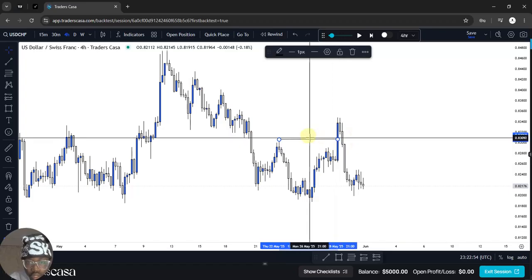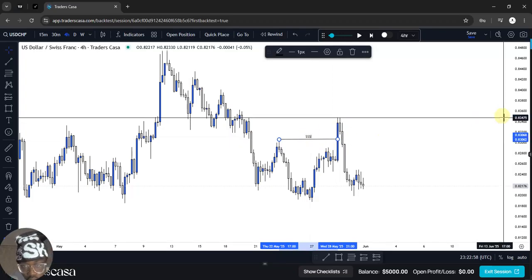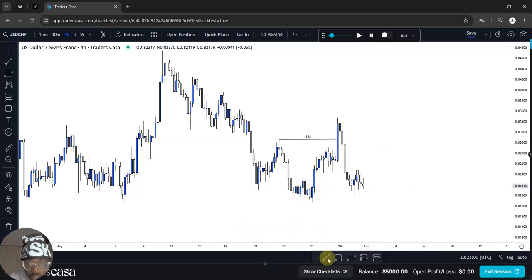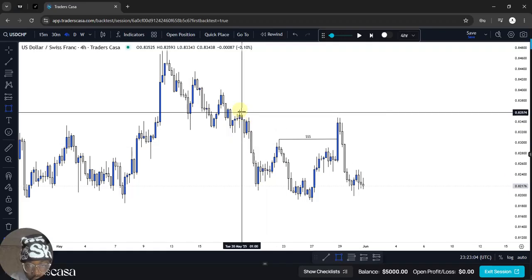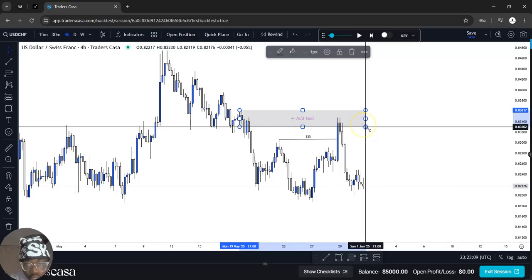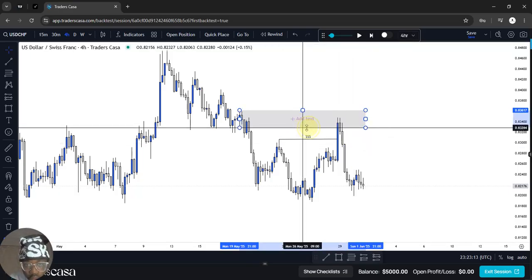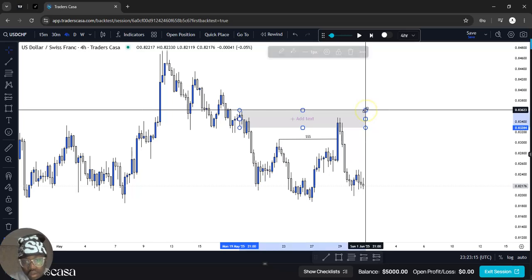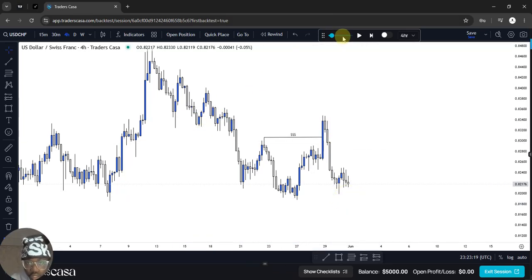This was a liquidity sweep, I can safely say, because we have respected this level here and this order block as well. So guys, you've got to know those little liquidity levels, because they will help.